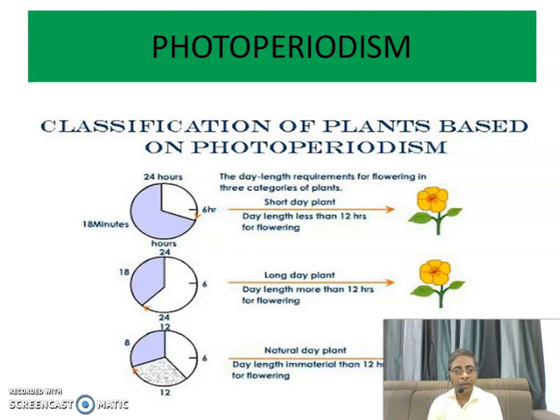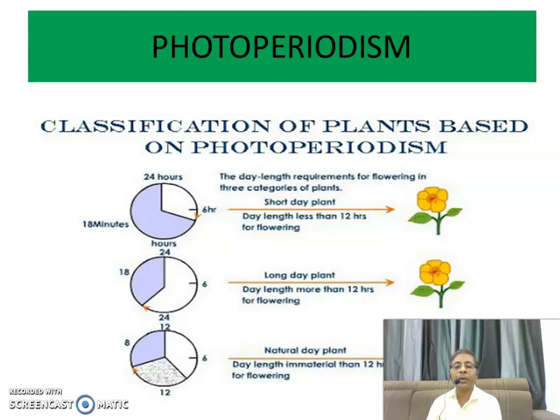So, what is the definition of a short day plant? A day length of less than 12 hours for flowering is called a short day plant. And what is meant by a long day plant? A day length of more than 12 hours for flowering is called a long day plant.